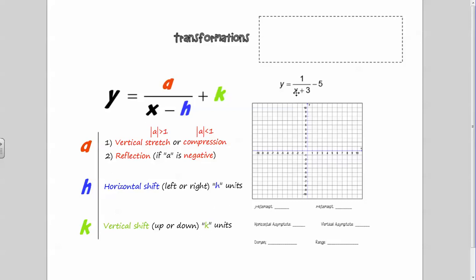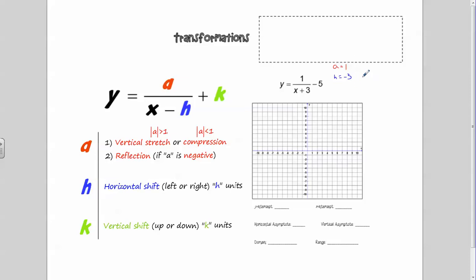So let's apply these transformations to the function on the right. Let's take a look at our a value first. A equals 1. That's this 1 here. So that will have no effect on our graph. Our horizontal shift, h, we have a positive 3 here. Notice that our equation is x minus h, so to get a positive 3, h must be negative 3.